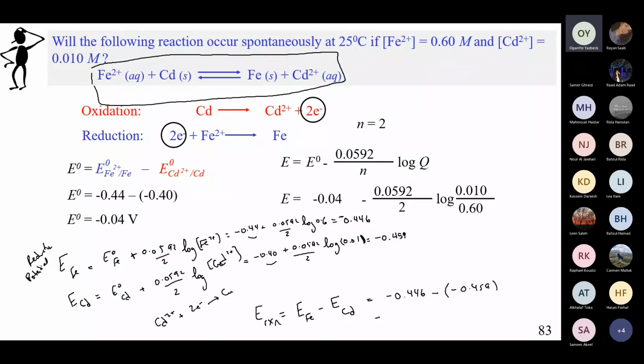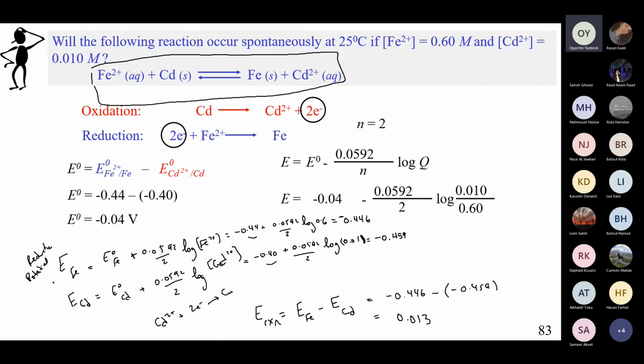What did we get for the E of this reaction? 0.013. Okay.